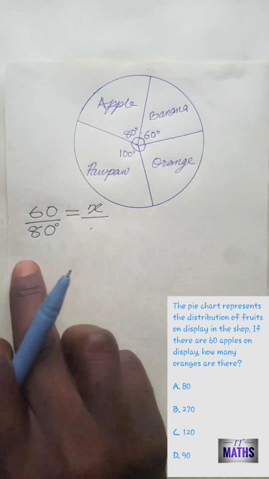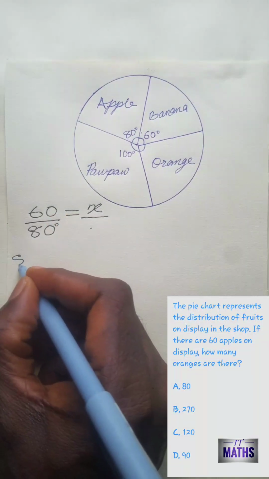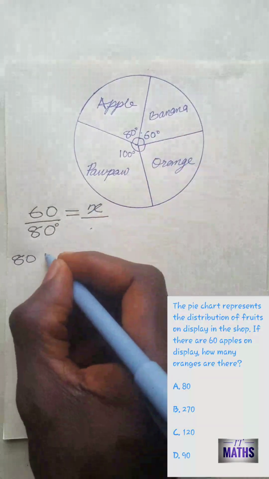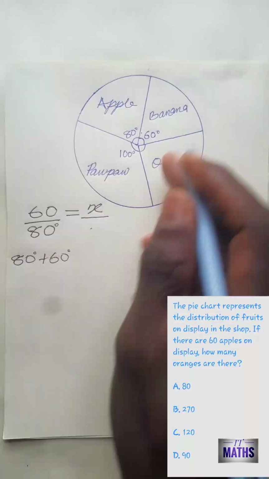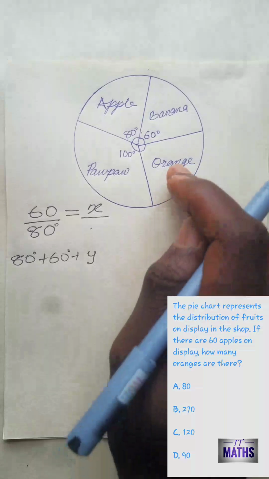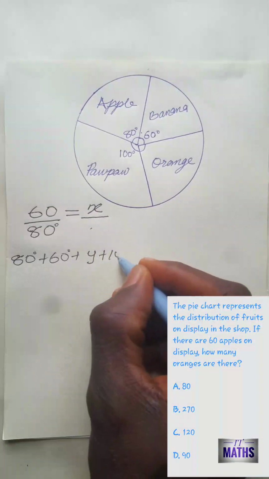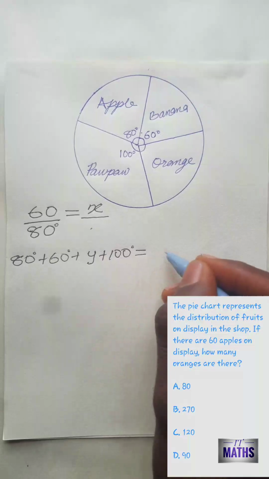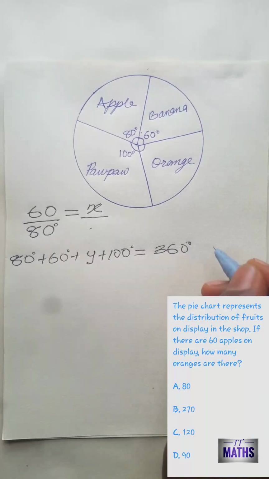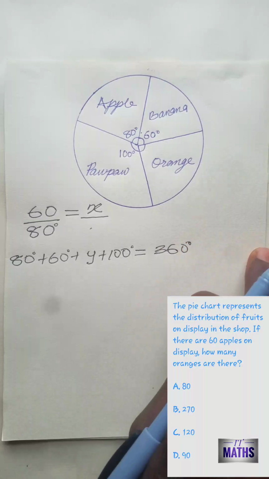Okay, let's get the size of this angle. So we have here that 80 plus 60 plus, I don't know this one, let me call it y, plus 100 should give me what? 360 degrees, sum of angles at a point. Is that okay? If it is theory, you must write it in brackets.